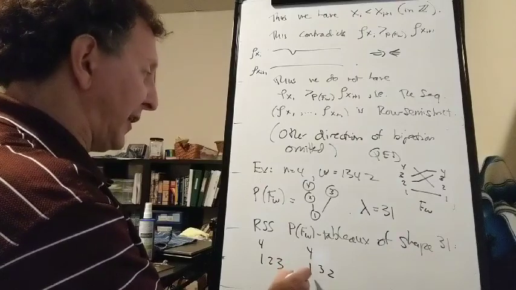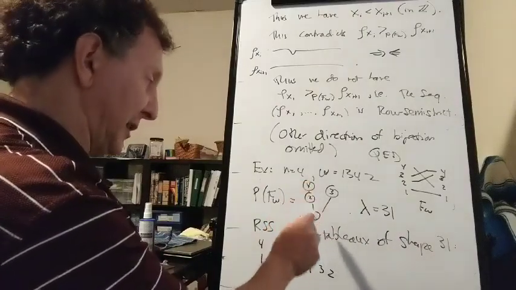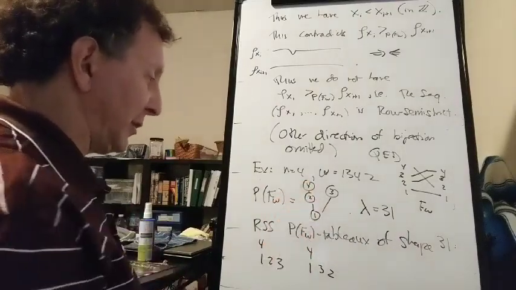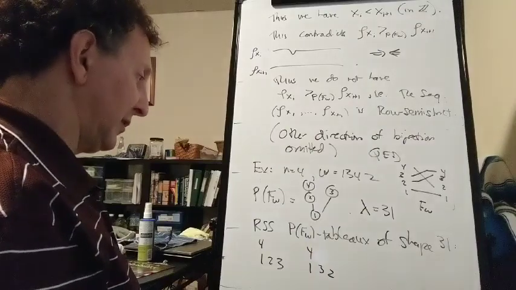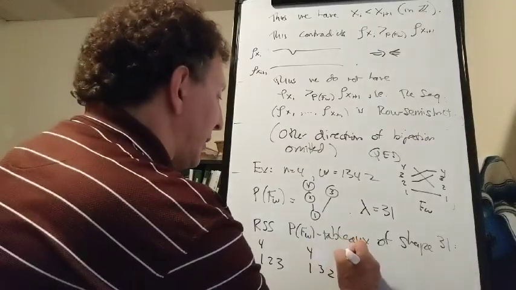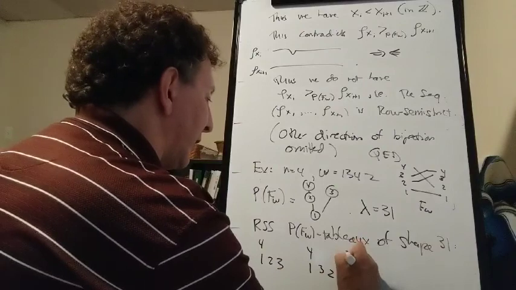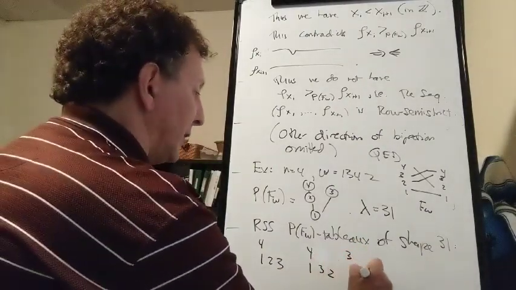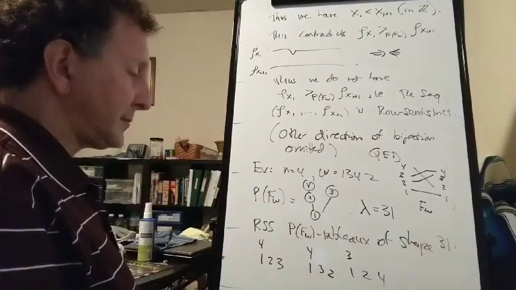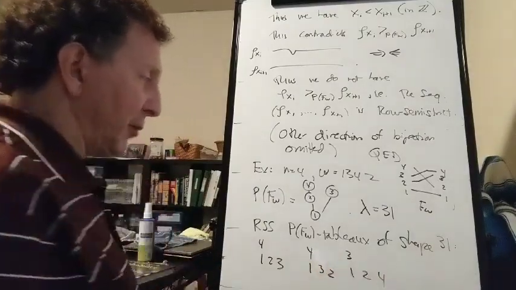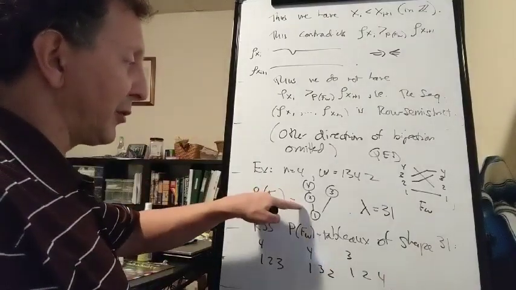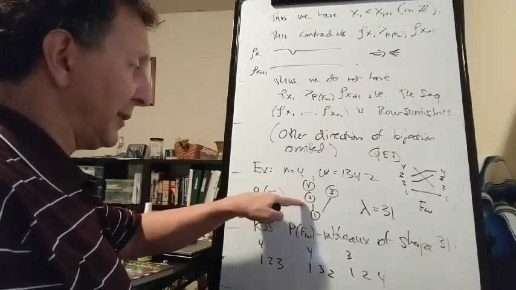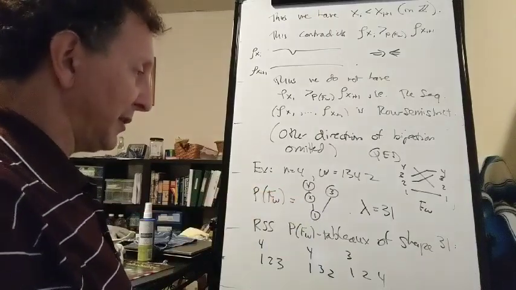1 has to go first in that row because it's less than 2 and less than 3. If we put something greater than it first, then we wouldn't have row semi-strictness. Alright, so how about if we have 1, 2, 4 in the first row and 3 by itself? So 1, 2, 4. And actually that's the only order we can write 1, 2, 4 in, because if we do it in any other order, we'll have greater element in the poset followed by smaller element in the poset.